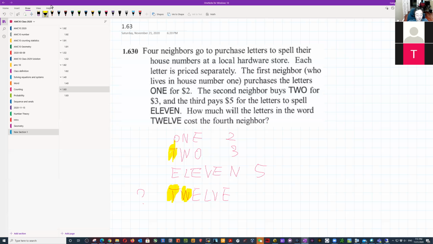T, W. W is here, and E is here, and the L is here, and the V is here. Another E is here. So basically, in order to buy this, we just need to buy TWELV. So we definitely need to pay 3 plus 5. But we already have all those letters.